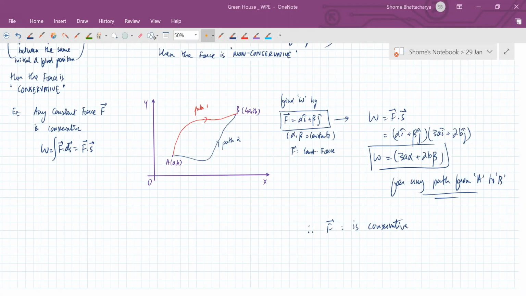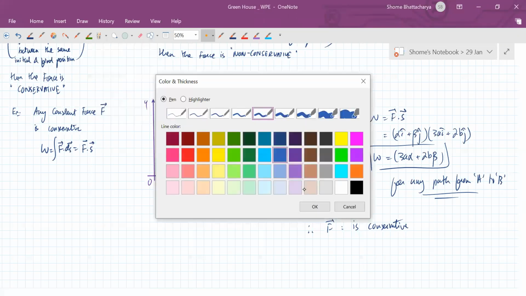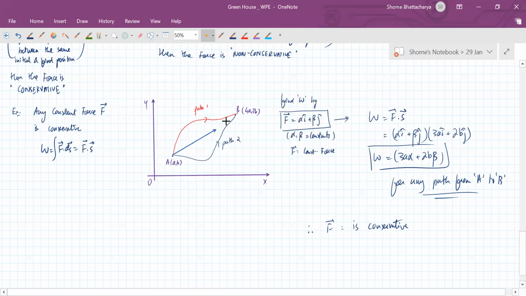This is because you can see that the displacement from A to B, that is this vector, the displacement from the point A to B is this vector. So A to B, you can see the displacement is, you learned this in kinematics, right?